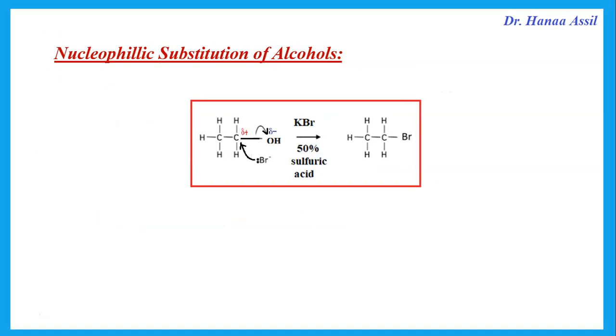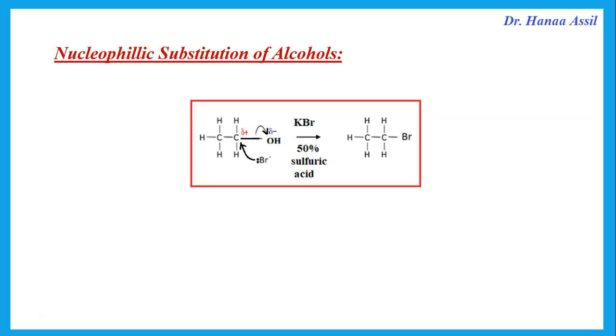Remember, alcohols undergo nucleophilic substitution. That means the nucleophile, which is something that has a lone pair of electrons, attacks the slightly positive carbon because in the C-OH bond, the oxygen is more electronegative than the carbon, so the oxygen has a slightly negative charge.